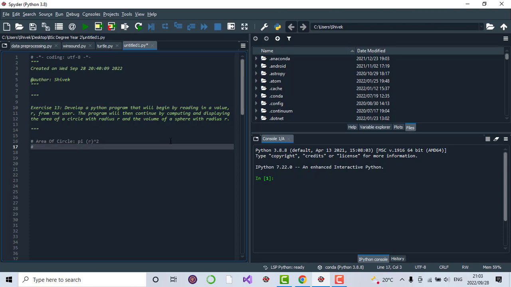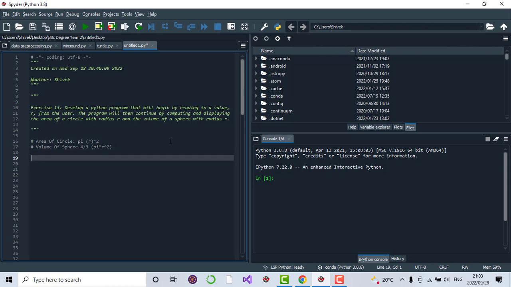And the way in which you calculate the volume of a sphere is actually 4 over 3 into pi r cubed. Okay, let's call this volume of sphere.